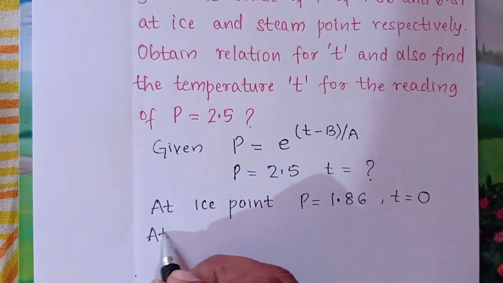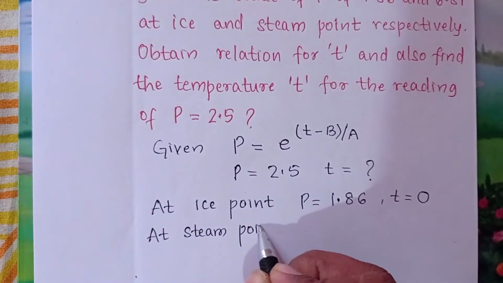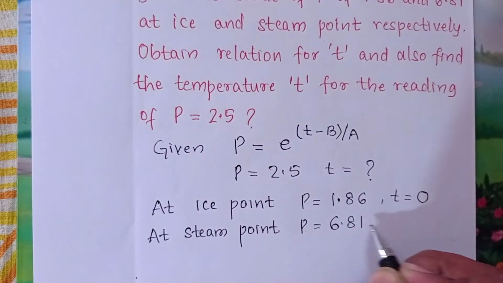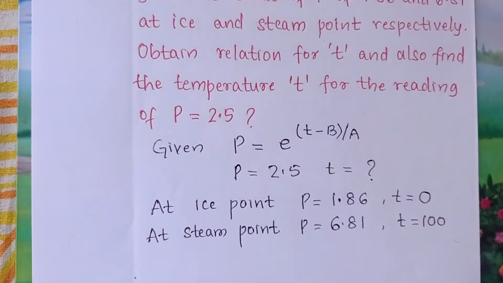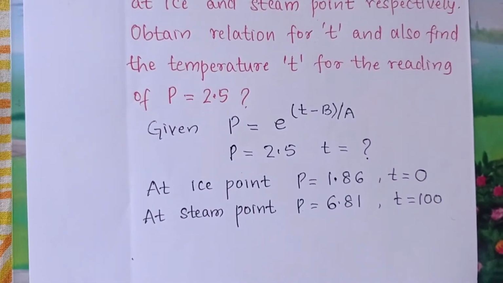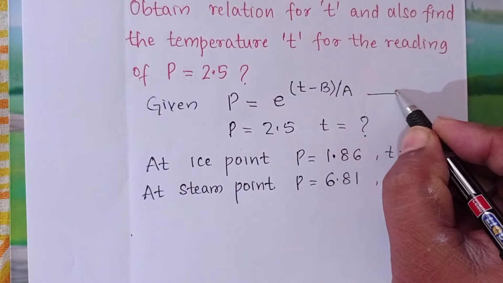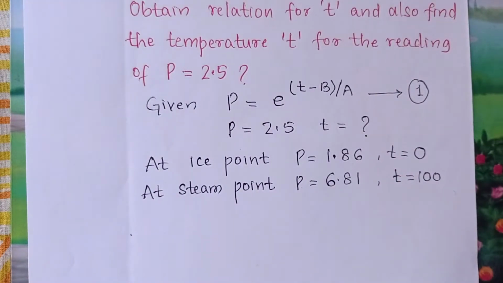Similarly, at steam point, P is equal to 6.81 when T is equal to 100. These things we need to remember. So taking these two values, let us put them in the governing equation, which is given by P is equal to e to the power T minus B by A. In that equation, let us substitute these values.